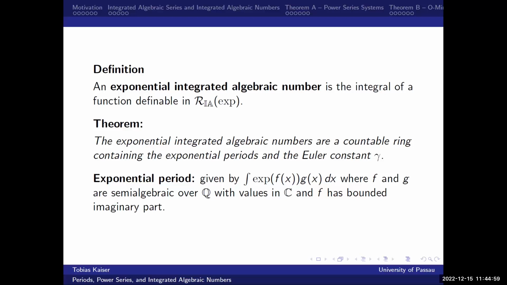Is there any familiar constant that isn't in this ring now of the exponential integrated algebraic numbers? Can you give any classical constant that isn't there? I hope that's not. Well, no, yeah, natural constant.